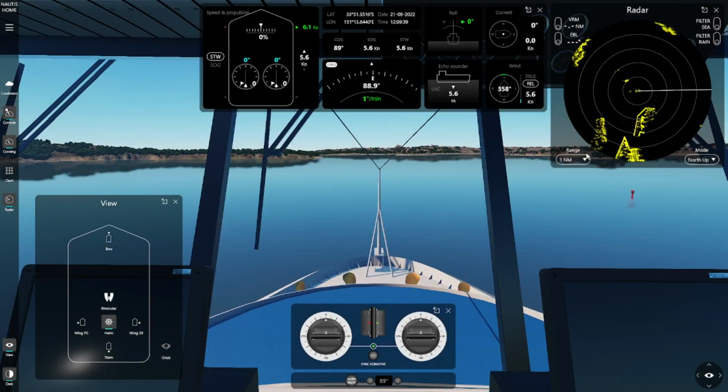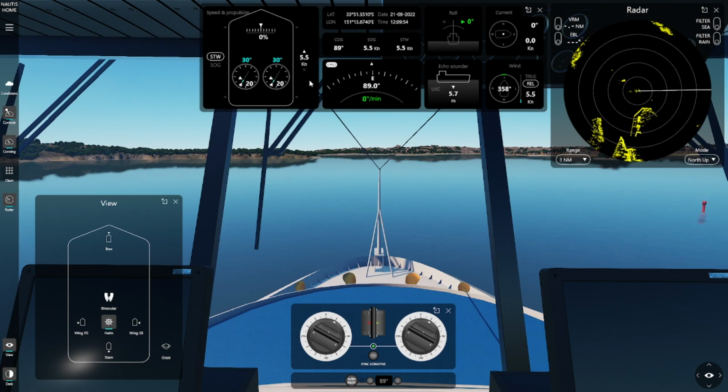Okay everyone, so I have the ship right now moving at about 6 knots ahead, and I'm just going to do a series of turns and take note of the conning display, the values of how far or how fast the bow and the stern moves in the opposing directions.